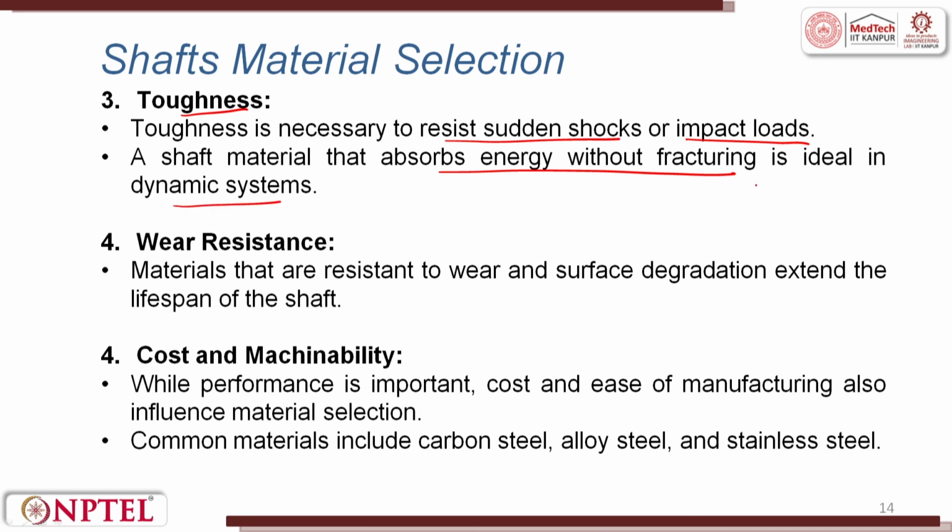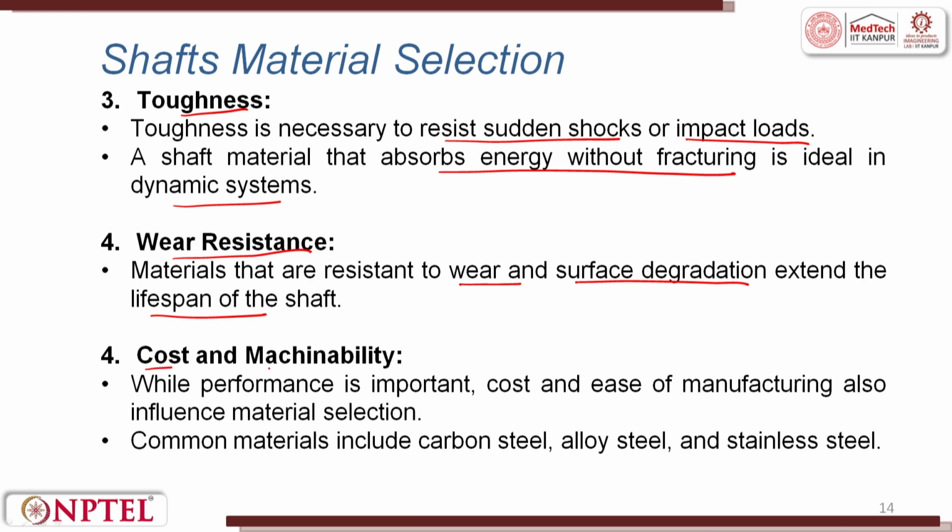Without fracturing means for the specific load for which it is designed. Then wear resistance: materials that are resistant to wear and surface degradation extend the lifespan of the shaft, because the surface of the shaft is prone to corrosion and rust. So, wear resistance and resistance to surface degradation are required properties.